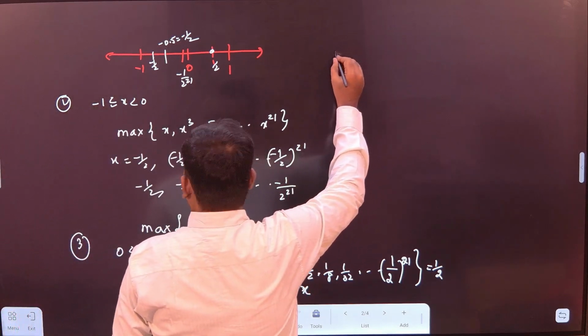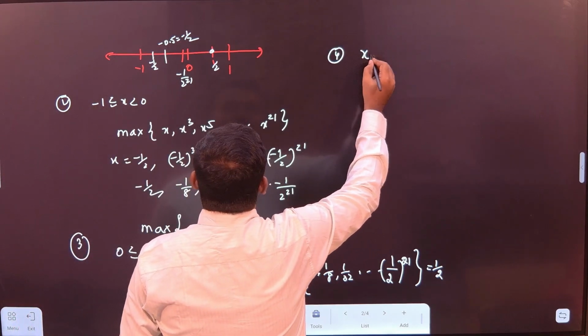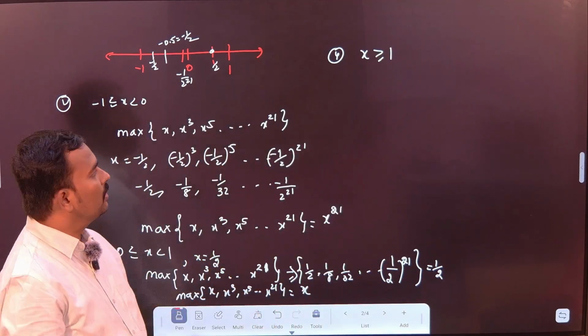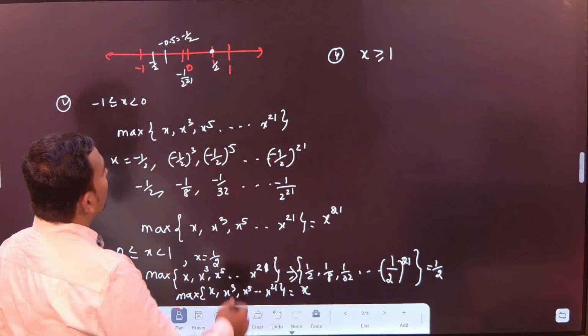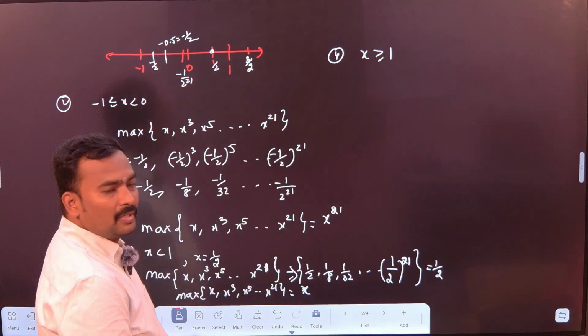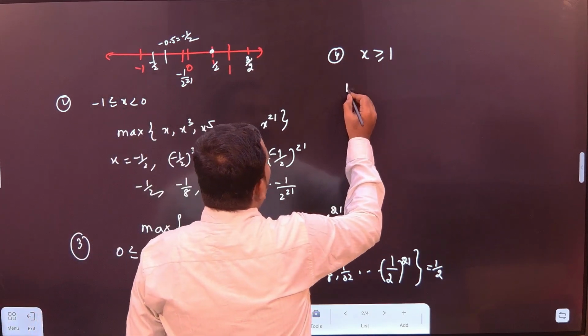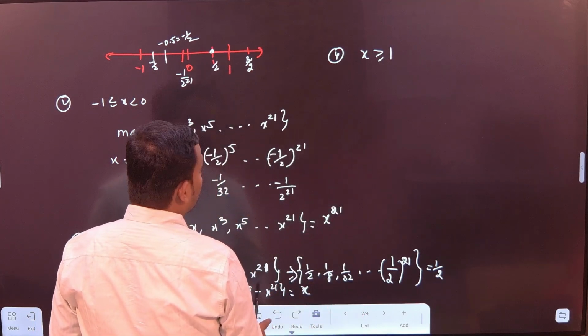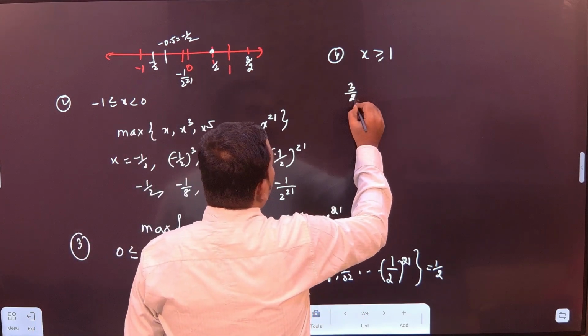What is the other interval? The fourth one, x is greater than 1. If I take x more than 1, let us take 1.5, that is 3 by 2.